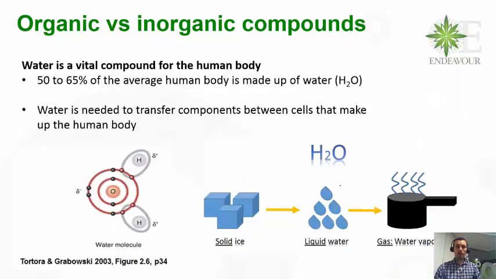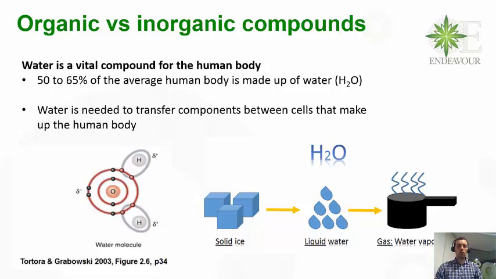So a little bit more about water here. So what makes water so vital? Well, you've probably heard that around half the human body is actually made up of water. So we're very reliant on it. And one thing that we need water to be able to do is to actually move components within the body.